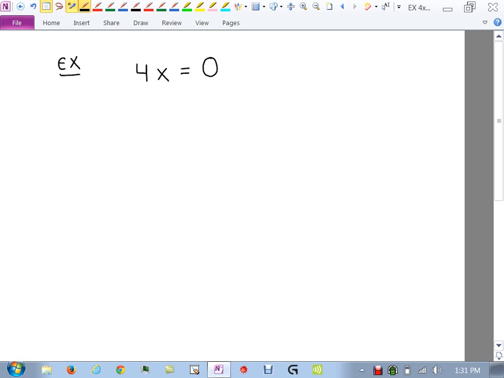One way is to do what we did in the past, which would be try and solve this equation, getting x by itself. How do I remove the 4? Divide both sides by 4, right? And then the 4's on the left cancel. We get x equals, what's 0 divided by 4? 0. And there you get the answer that x must be 0. That's one way to do it, right?